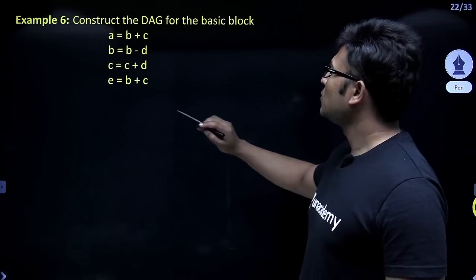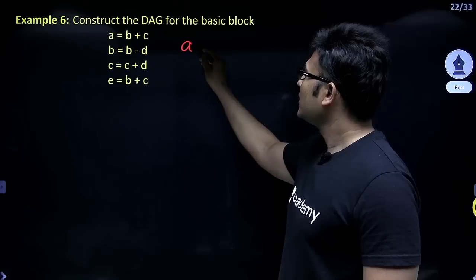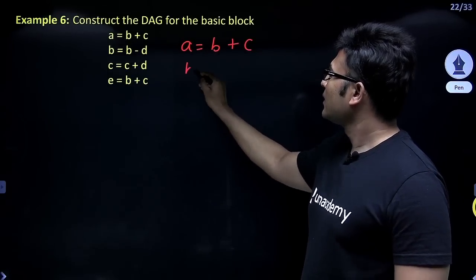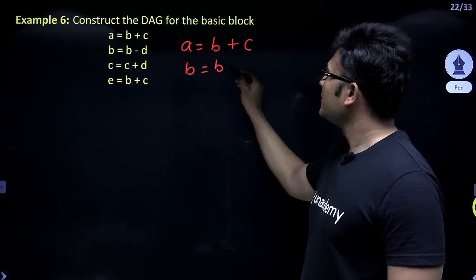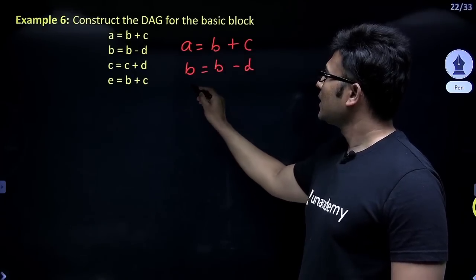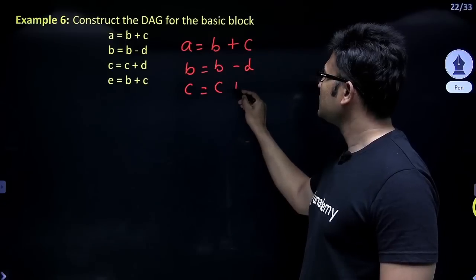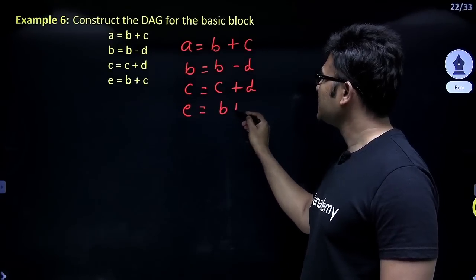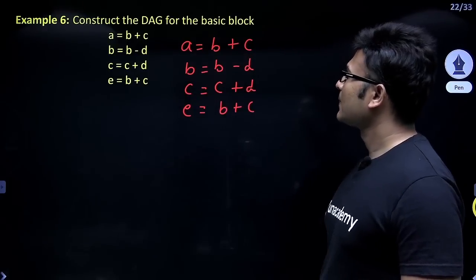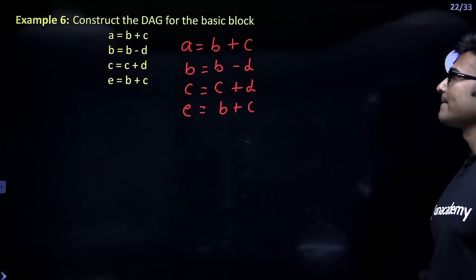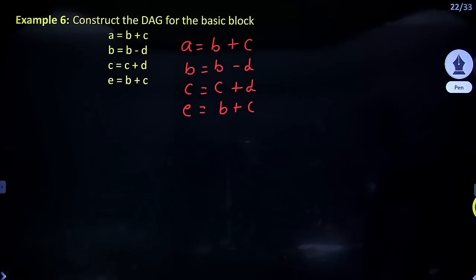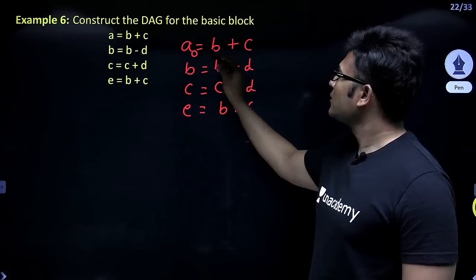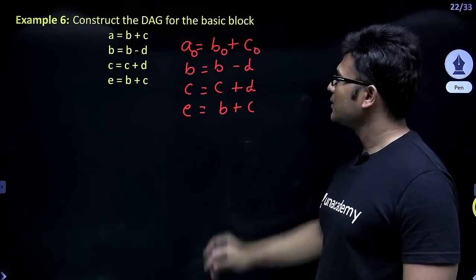So here A equal to B plus C is given, and B equal to B minus D is given, and C equal to C plus D is given, and E equal to B plus C is given, right? Now I can clearly write A naught, B naught, C naught, first statement.